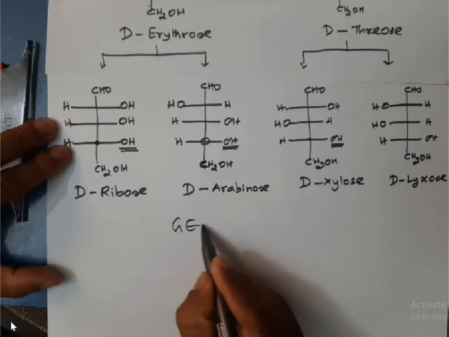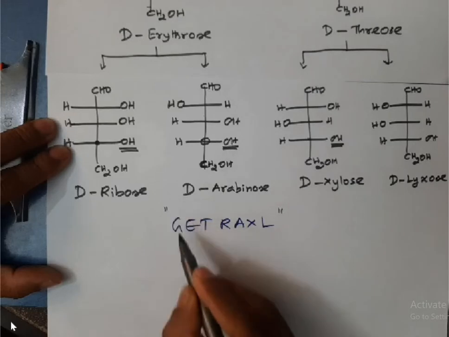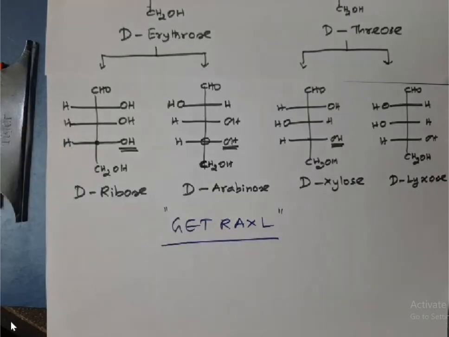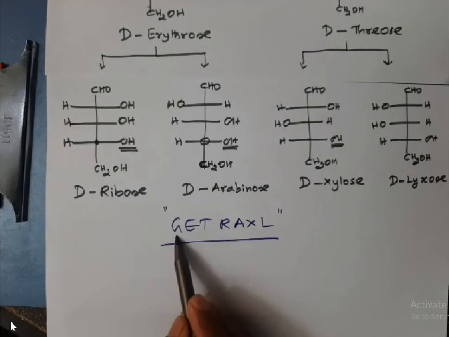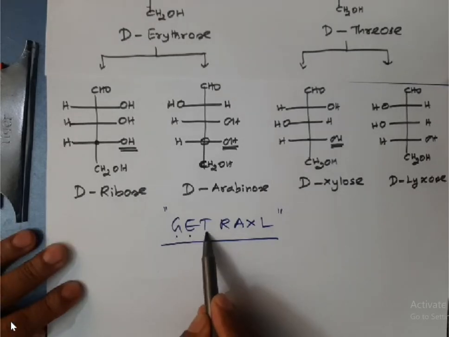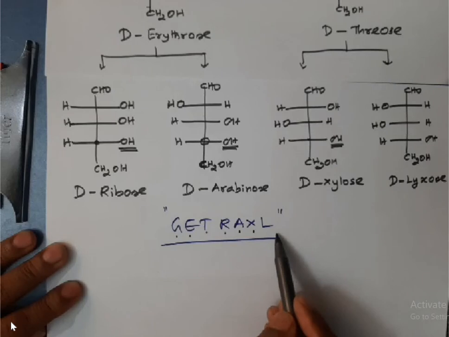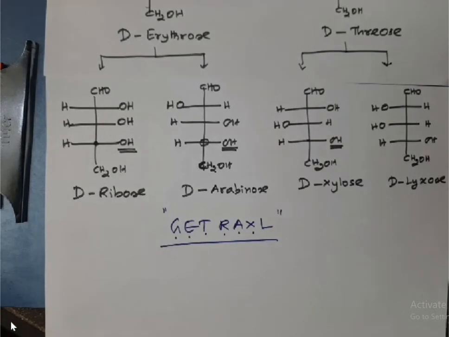So get Raxel. G for glyceraldehyde, E for erythrose, T for threose, R ribose, A arabinose, X xylose, and L lyxose. Just remember in this way, so you can remember all the monosaccharide structures, specifically aldoses.